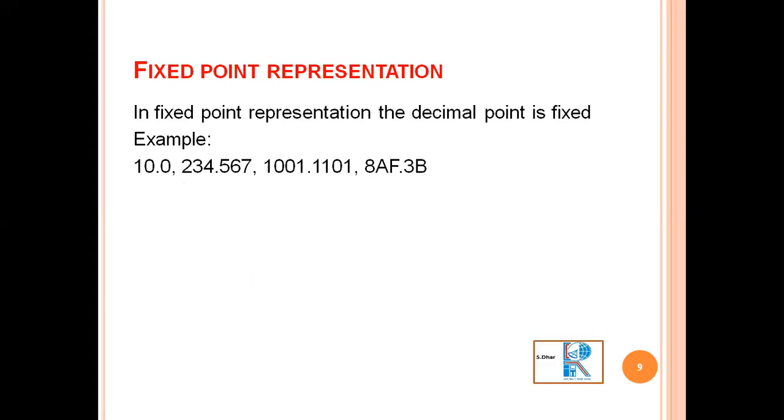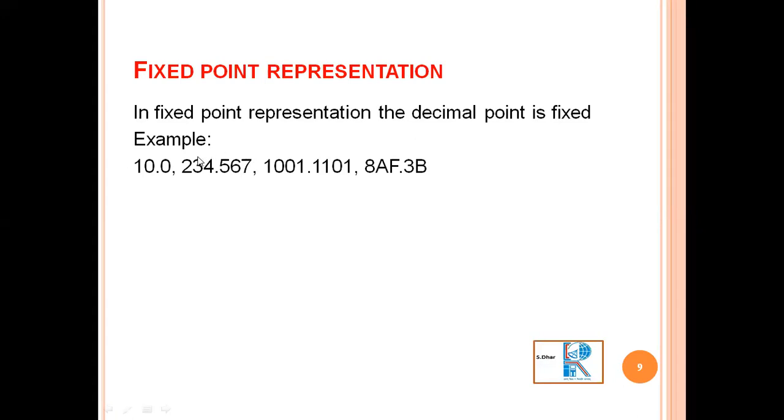You cannot move the point to the right hand side or left hand side. If you move the point to the left hand side, it will be 1. If you move the point to the right hand side, it will be 100. That means the value will be changed. So the point is fixed. You cannot move that point. So this is an example of fixed point representation in decimal.